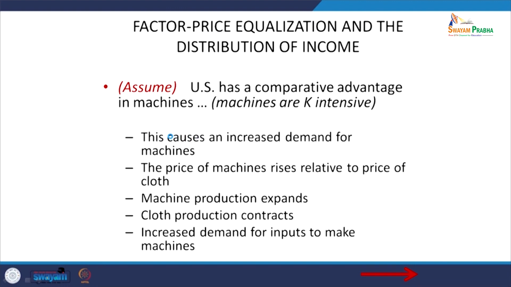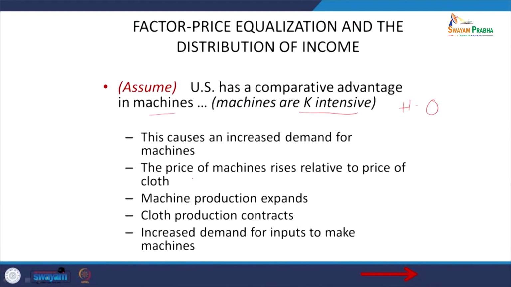Now, let us further assume that in these two sectors the US has a competitive advantage in machines, and it is capital intensive as per the HO framework. This causes an increased demand for machines because of their specialization. The price of machines rises relative to the price of cloth because there is over demand for machines.